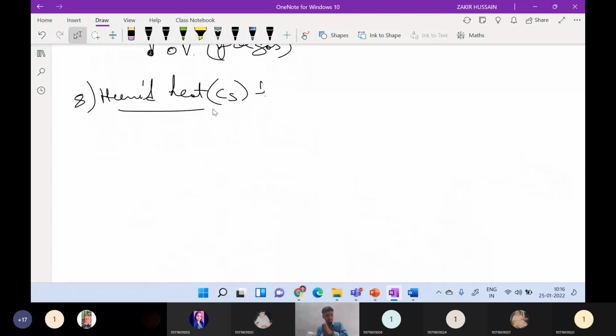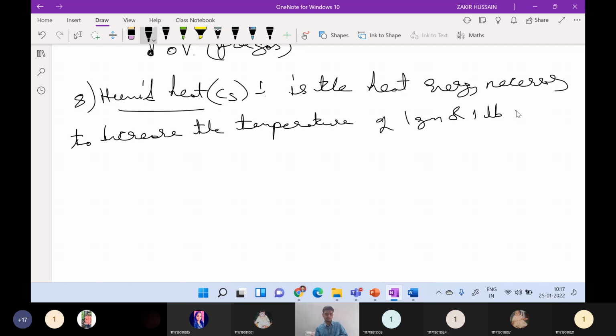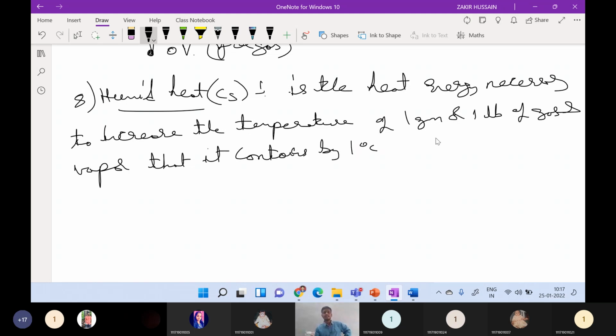Humid heat is nothing but the heat energy necessary to raise the temperature of 1 gram or 1 lb in FPS units of gas and its associated vapor together, the gas and vapor that it contains, by 1 degree centigrade or 1 degree Fahrenheit.